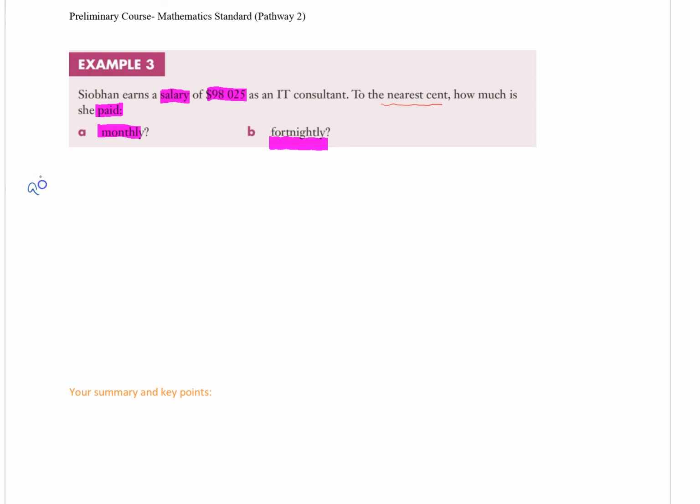So, let's get started with the answer. We're going to identify what we know. We've got a salary, and we know a salary is 52.18 weeks per year. Her salary is actually equal to $98,025.